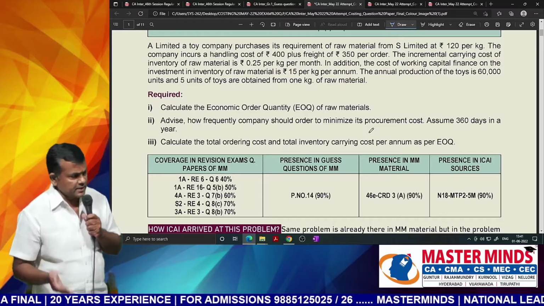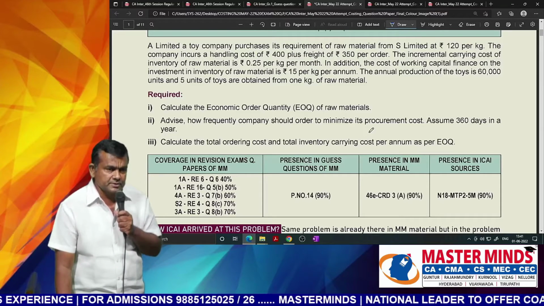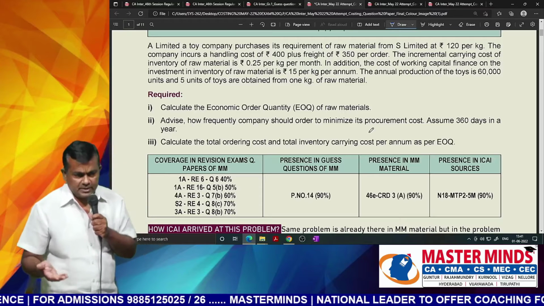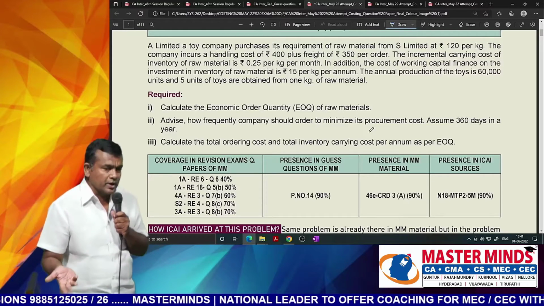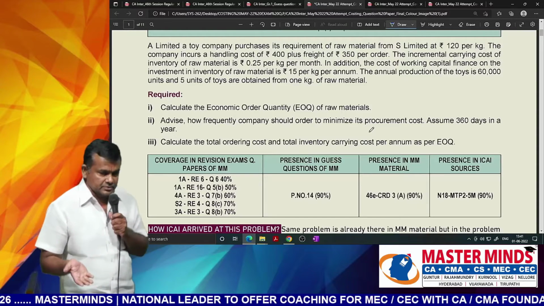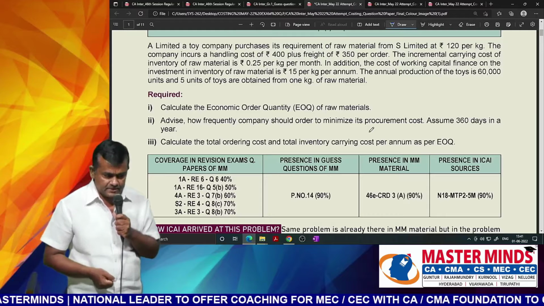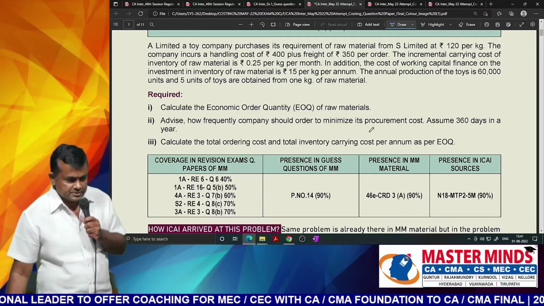This is already discussed at the time of introduction of EOQ. Am I right? So TOC plus TCC are square root of 2 AOC. Generally, TOC and TCC at EOQ are nothing but square root of 2 AOC. Shortcut form. So this is already discussed in the introduction, sir.